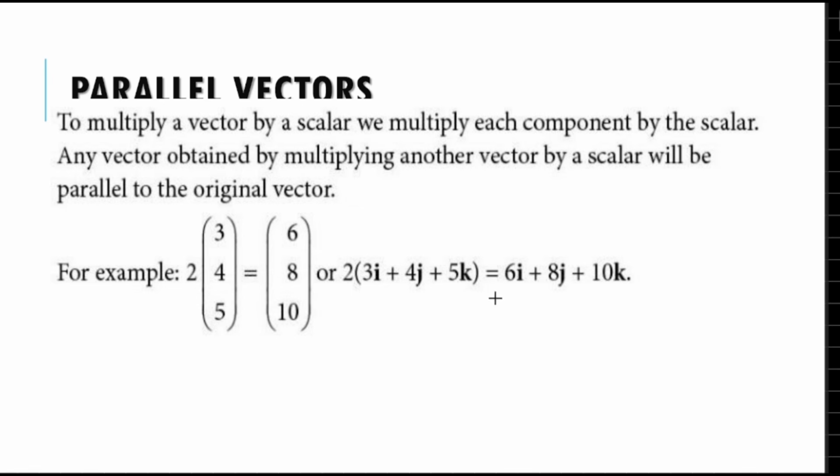So 6i plus 8j plus 10k is parallel to 3i plus 4j plus 5k, and that is parallelism. We can just see parallelism as the result of scalar multiplication.